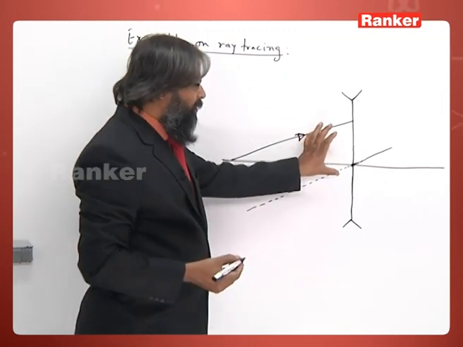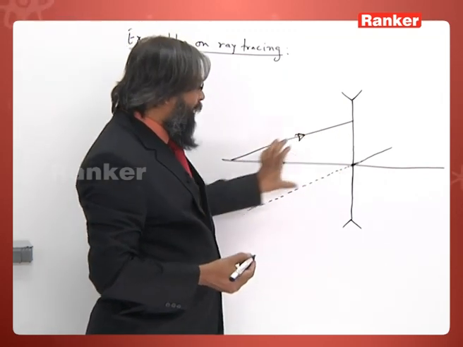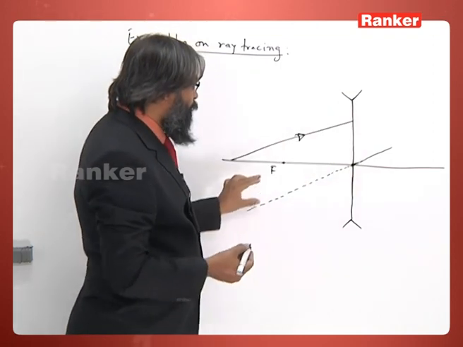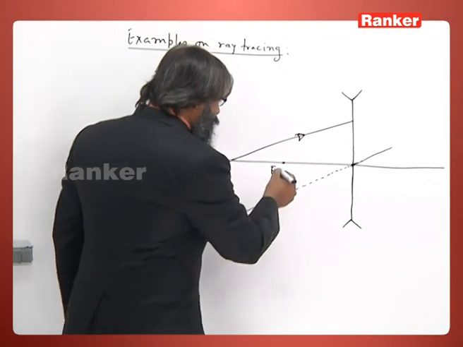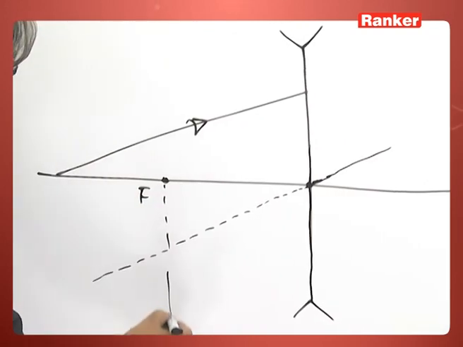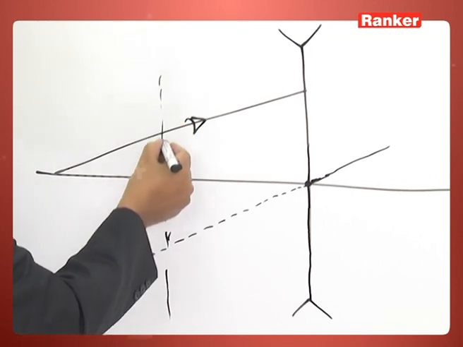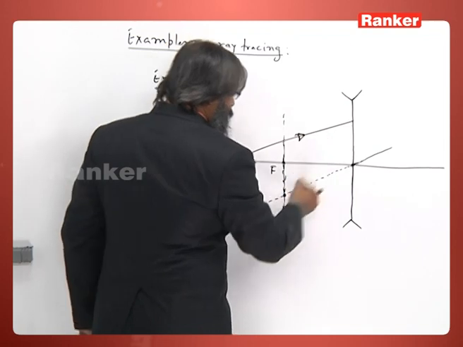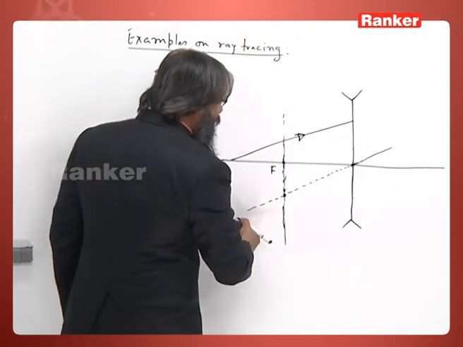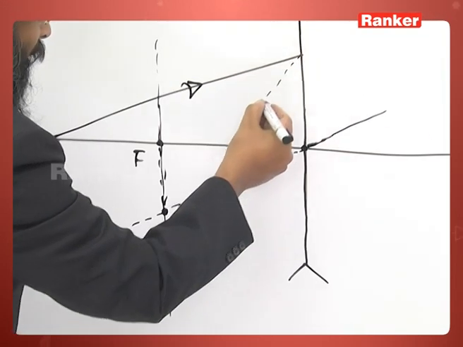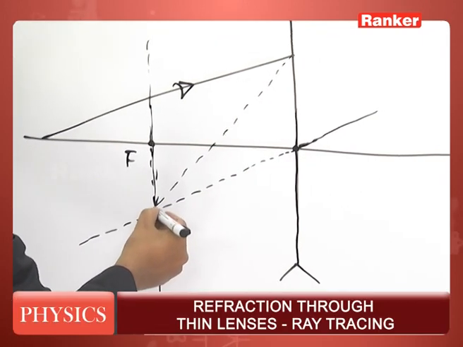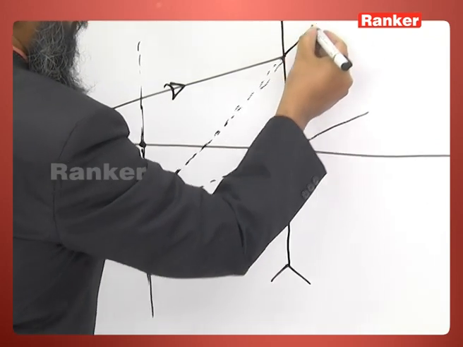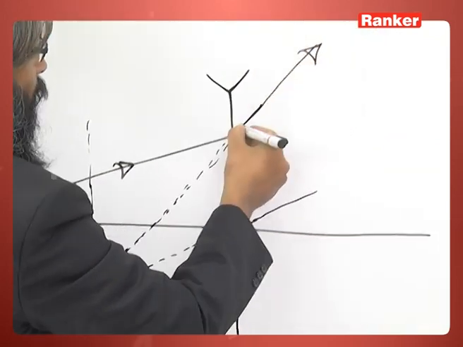So two rays parallel but not parallel to the principal axis from this lens will have to meet at the focal plane, and you see this is the focus. Since this ray has to go undeviated, they will meet here only on the focal plane. So this ray, if I produce this, will go like this.